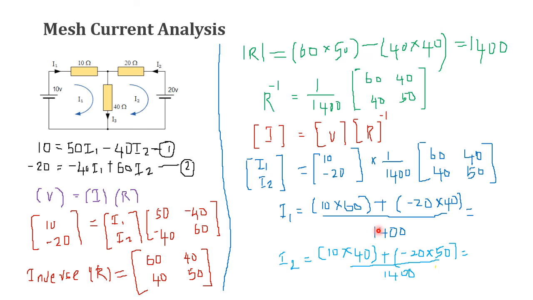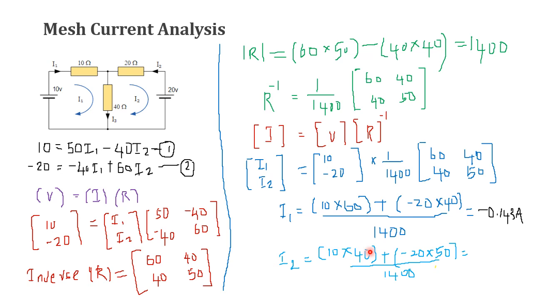So minus 200 over 1400 will be equal to minus 0.143 ampere.